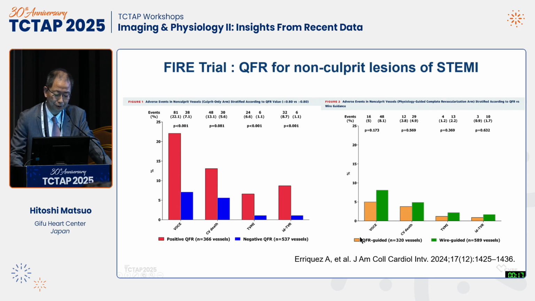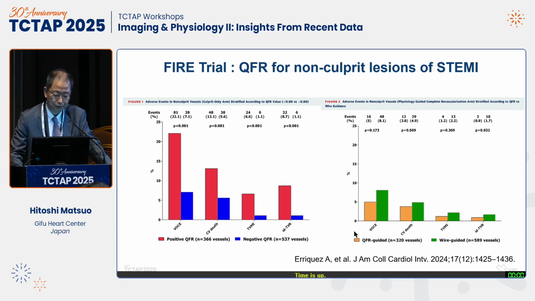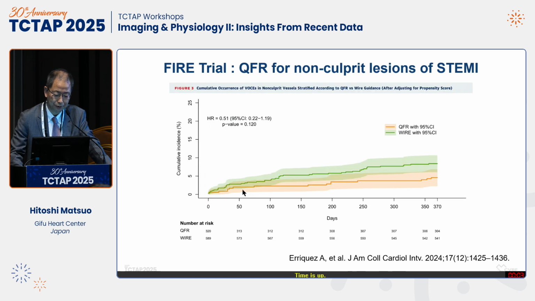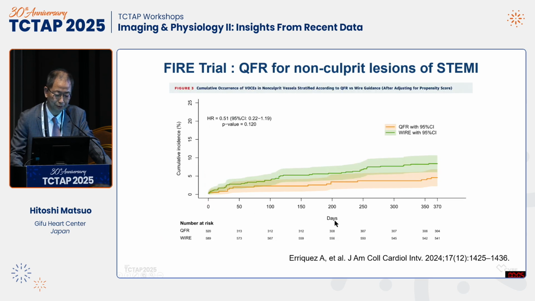In this study, physiology-guided PCI is based on QFR or wire-based guidance. Also, this is not a randomized control trial, but you can see the good result with QFR-guided decision making. This is a Kaplan-Meier curve as well.